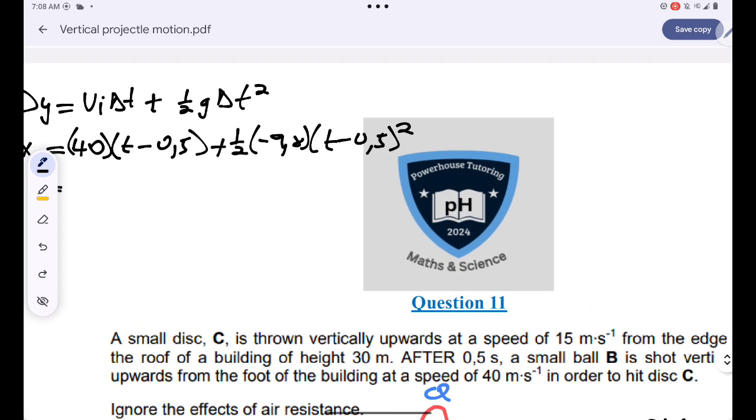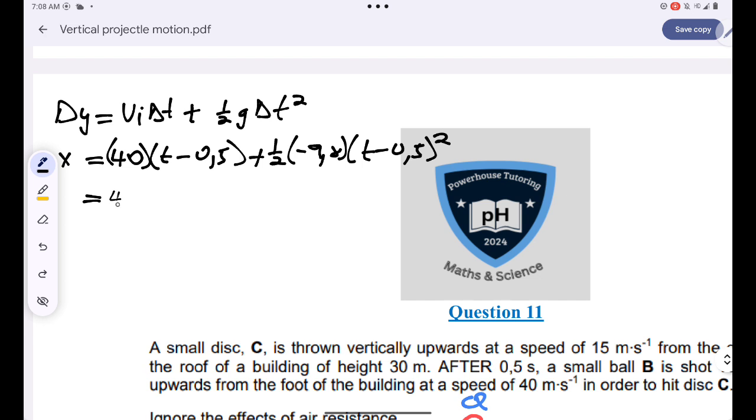Are you together? And then this will give us 40t. I'm removing the brackets now. 40t minus 20, then minus 4.9. Okay, let me expand. You'll obviously open two brackets, guys. Remember that there's a negative sign over there.